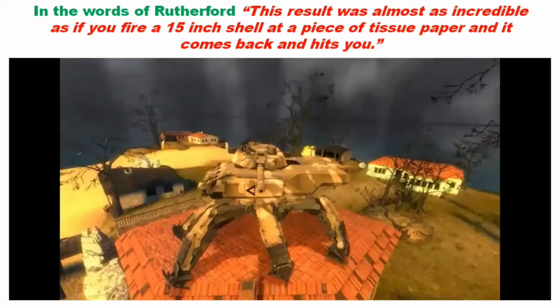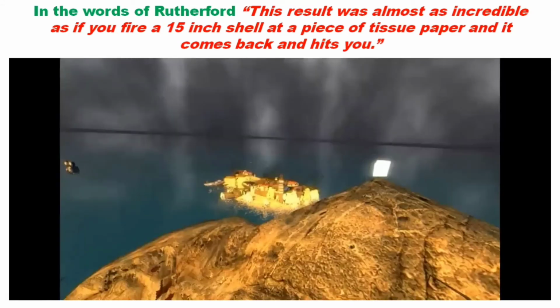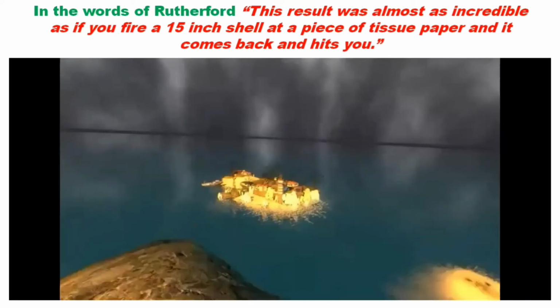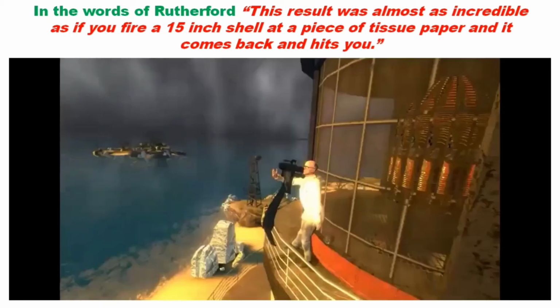It was almost as incredible as if you fired a 15-inch shell at a piece of tissue paper and it came back and hit you. Quote, Ernest Rutherford, recalling the discovery of the nucleus.